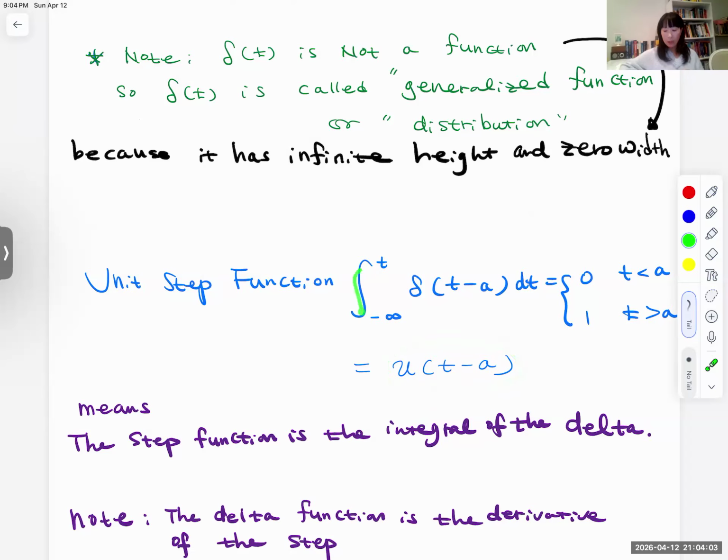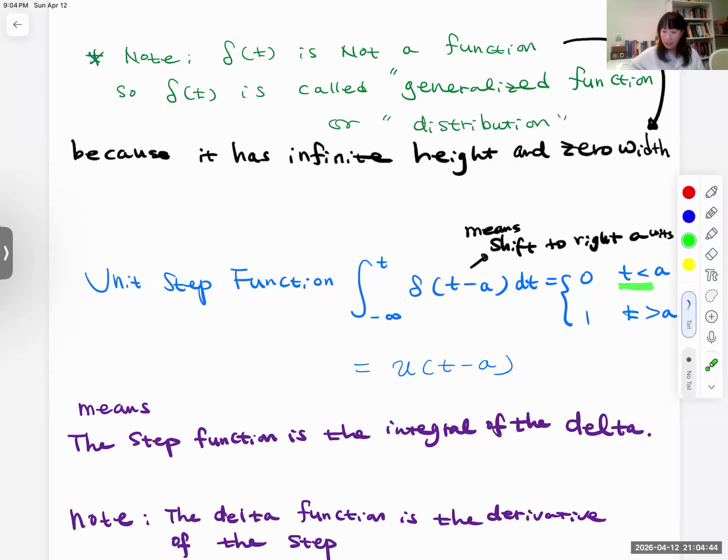If we have the integral from negative infinity to t of delta of t minus a, then normally we have delta of t, but here with minus a, that means a shift to the right by a units.